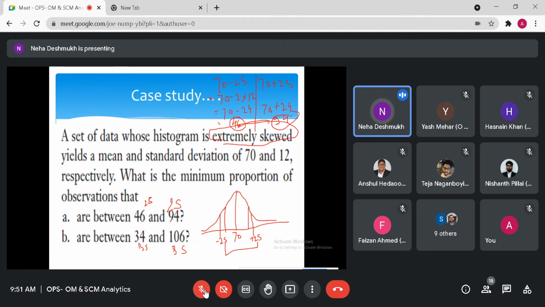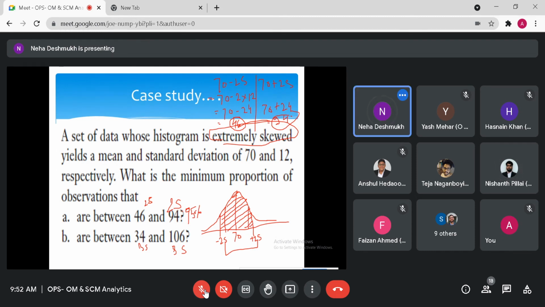So as per Chebyshev's theorem, 75% of all the observations fall between the 2s range. Yes, class, are you with me? Yes, ma'am. For 2s it is 75%.